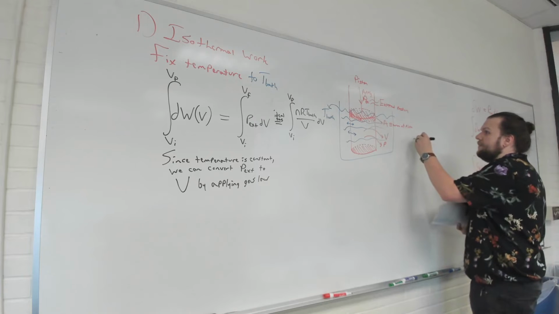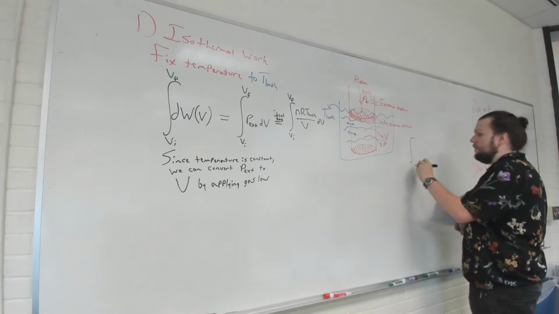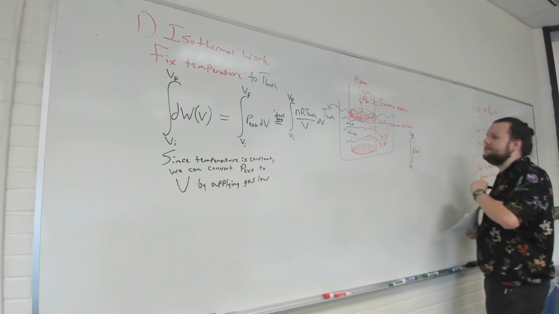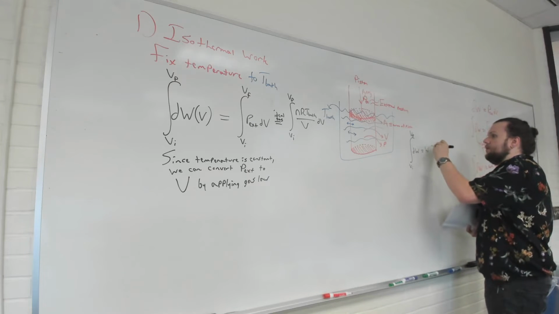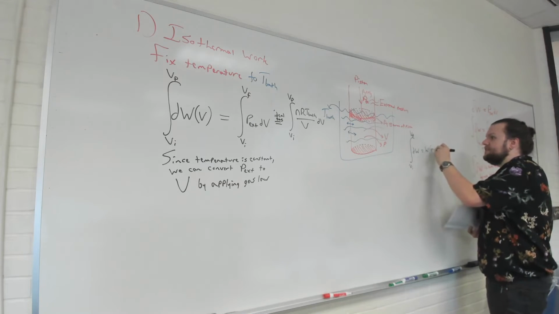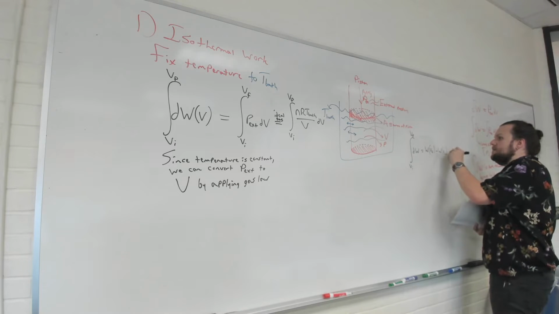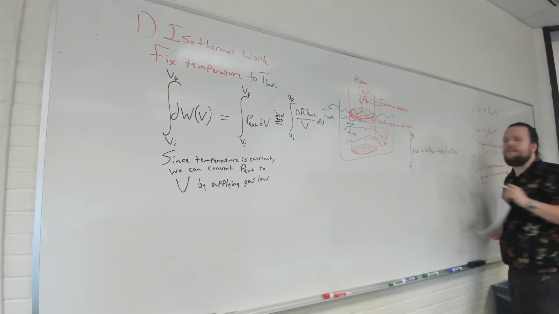All right, so we have, let's do the left-hand side of our equation, which is the integral from Vi to Vf of dW. This is going to be the work, or the energy of the system at Vf, minus the work of the energy at Vi, which is delta W, the change in work.